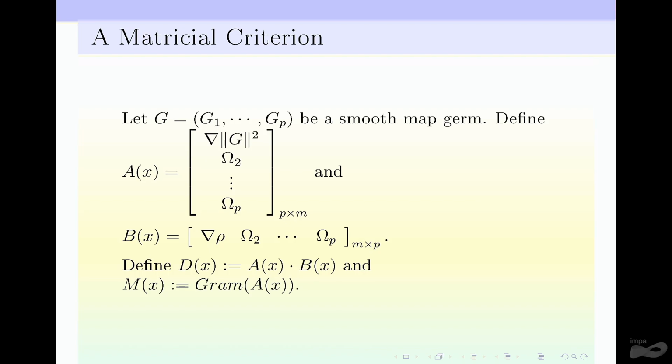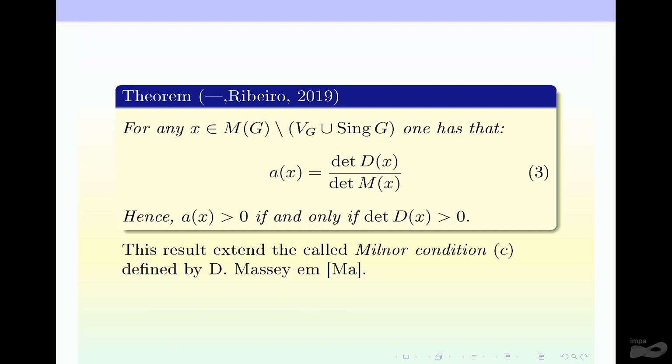So using such a notation, we can prove that if the point x belongs to the Milnor set of G, you can write a(x) this way: the determinant of D(x) over the determinant of the Gram matrix.